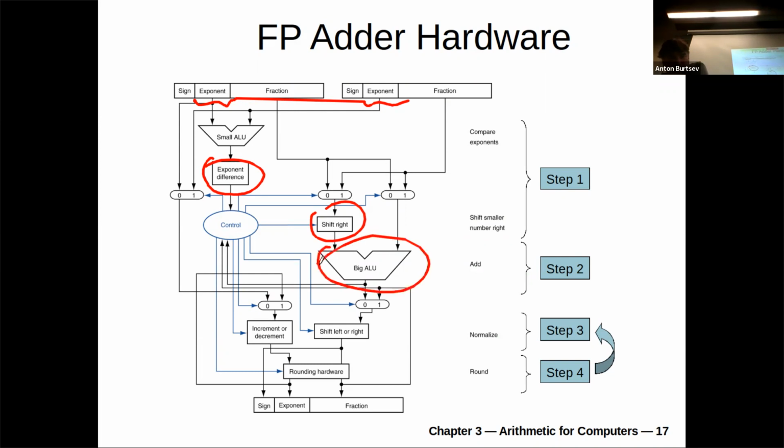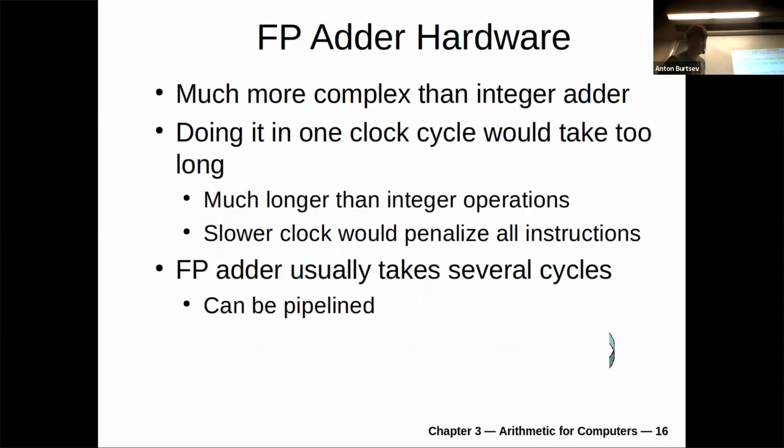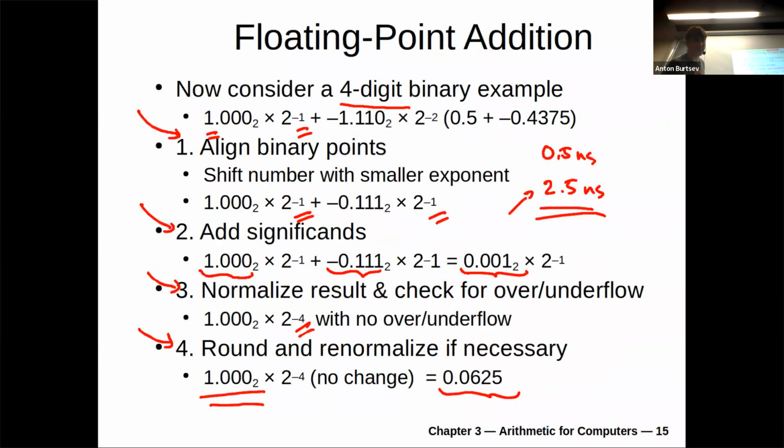Then do the addition of the fractions and start doing normalization, rounding. That's your logic. I'm not asking you to understand it, but in class we will later understand the logic for integers. For floating point, if you stir this for long enough, you will understand what's going on. It's exactly a hardware representation of this algorithm.